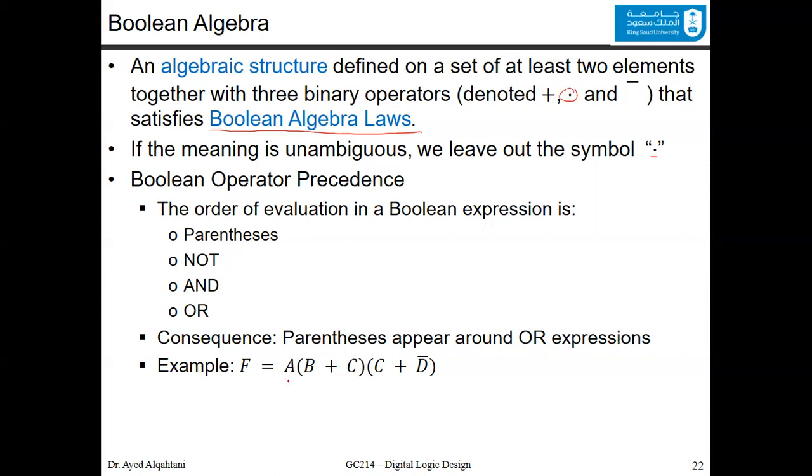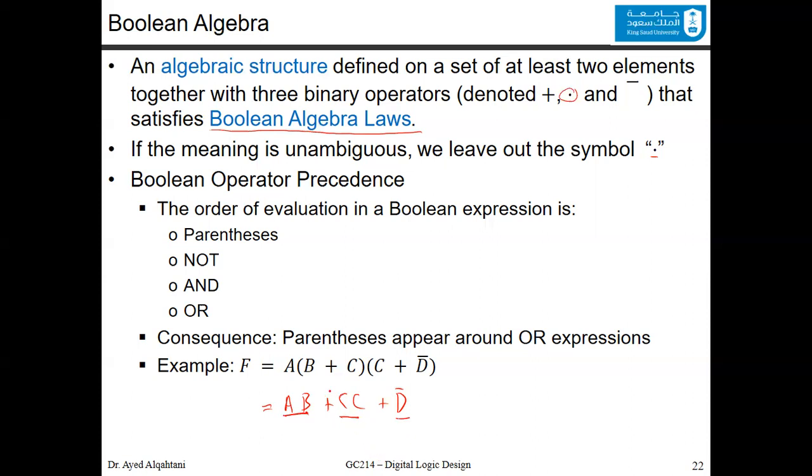As an example, if you have A, B or C, C or D bar, ANDed together, and you didn't have parentheses and you had it like this, you would see from the logic of that function that this is a term, this is another term, and this is another term.